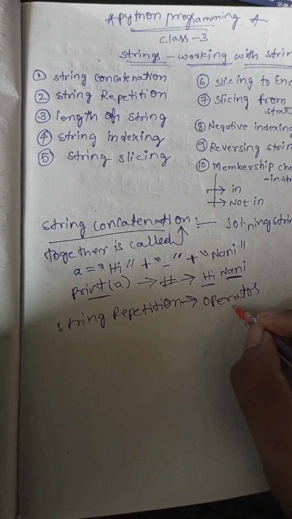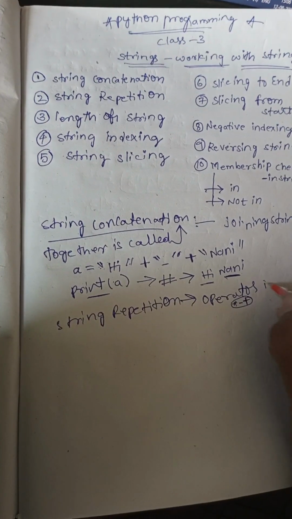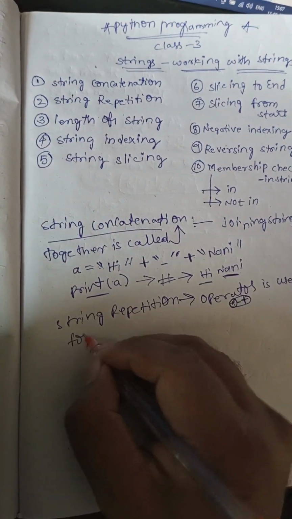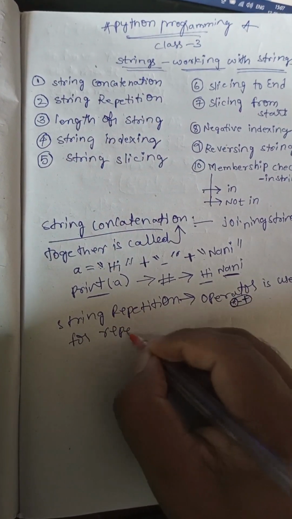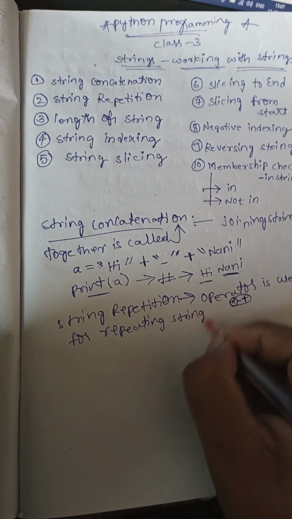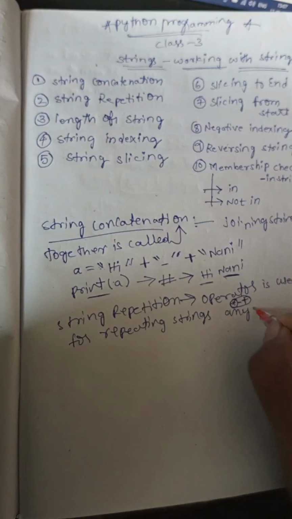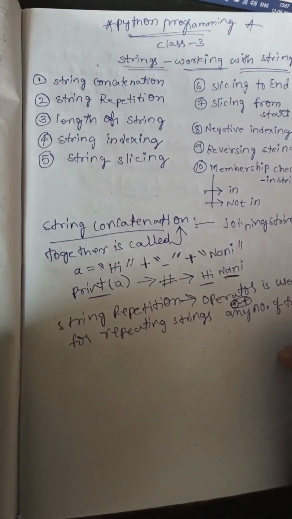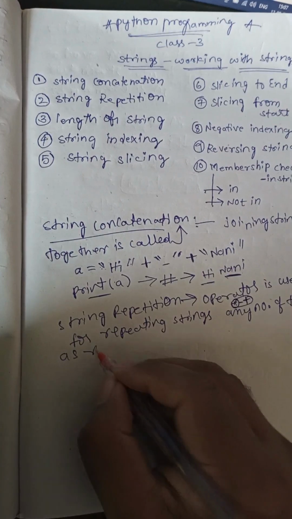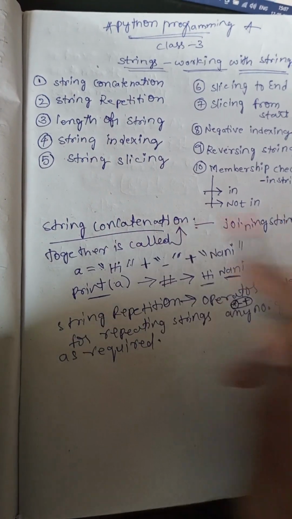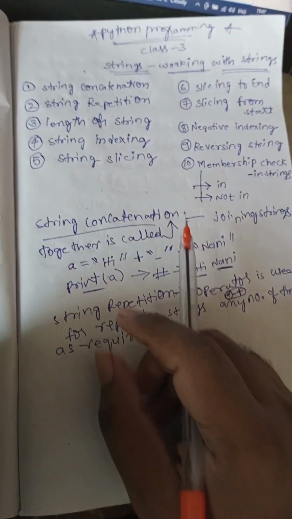The operator is used for repeating strings any number of times as required. This is known as string repetition.